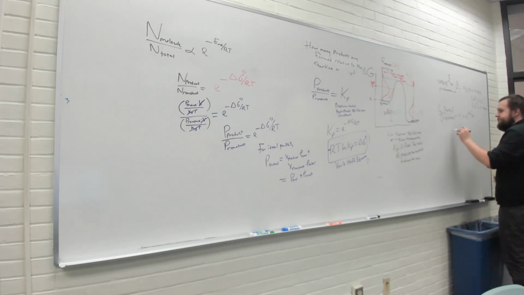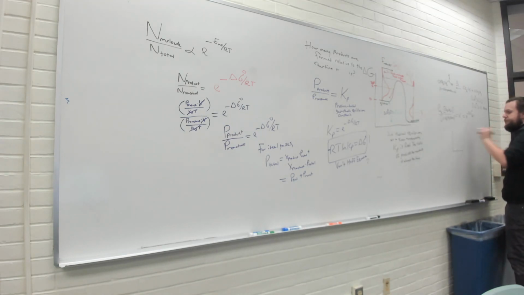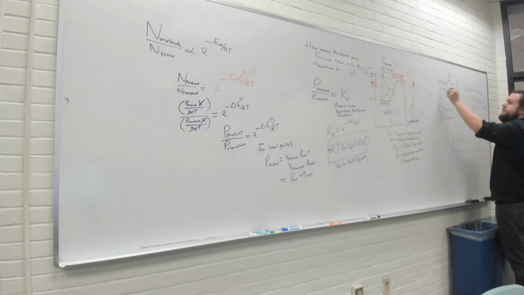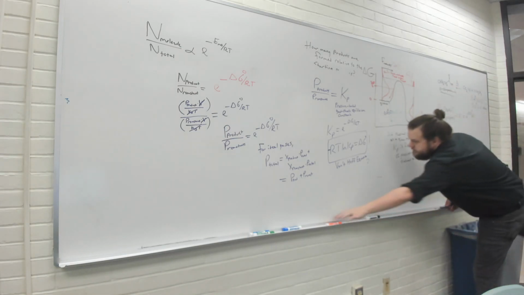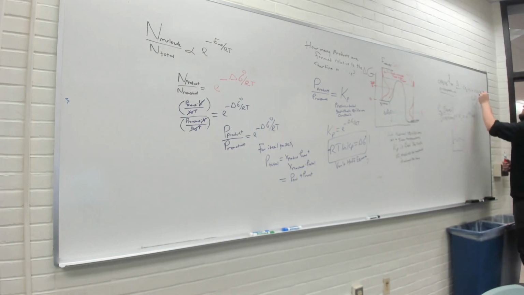Well, the trick is to do this in an open container. So here's our acid. I want to write our acid in purple and our chloroethane in orange. And we'll have CO2 in black, I guess.